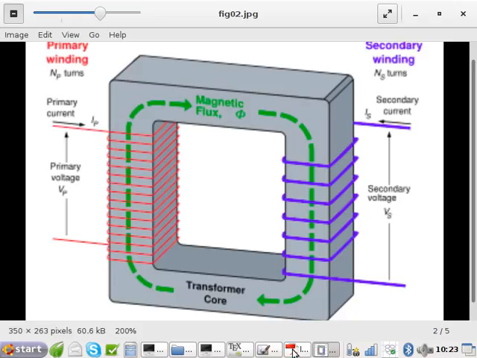Every time the current changes, it's alternating current. Remember the graph, the current, up, down, up, down. So this is AC. Because it's AC, the magnet here is going backwards and forwards.